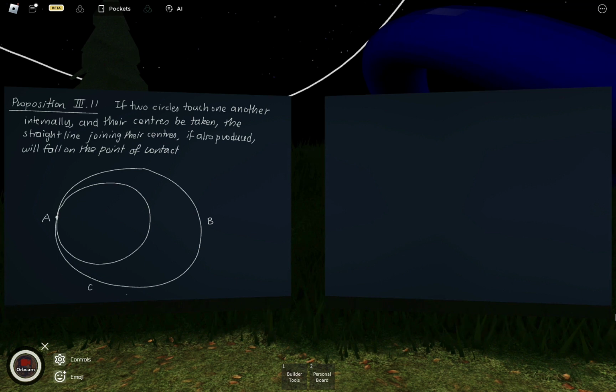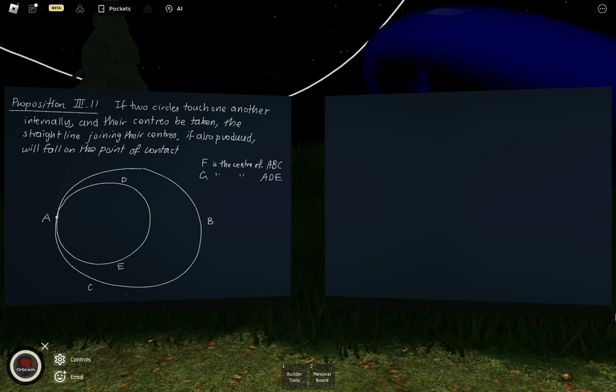So let me put up here the labels. F is going to be the center of ABC, the large circle. G is the center of ADE. D is going to acquire a meaning in a moment, but let's just let it be.